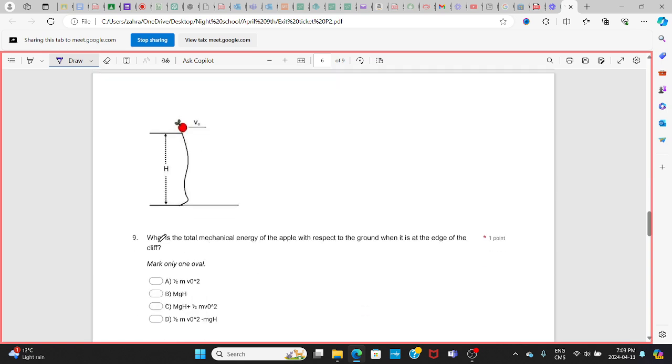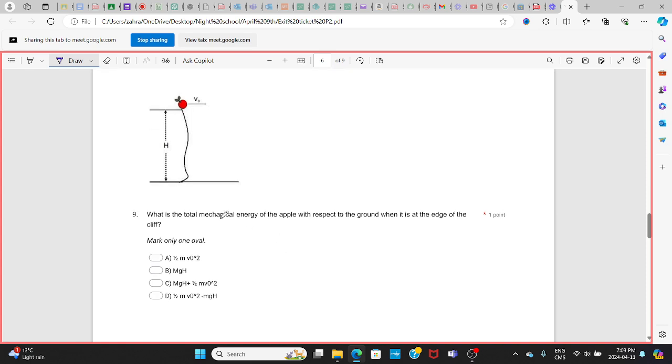Now, what is the total mechanical energy of the apple with respect to the ground when it is at the edge of the cliff? Total mechanical energy at this point, E total, is equal to EK at this point plus E potential. See, this apple doesn't have a vertical velocity, but it has a horizontal velocity, right?